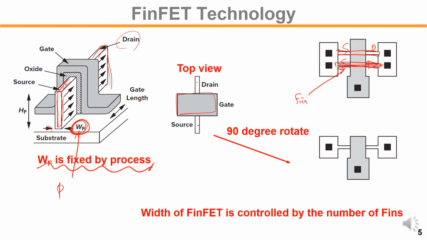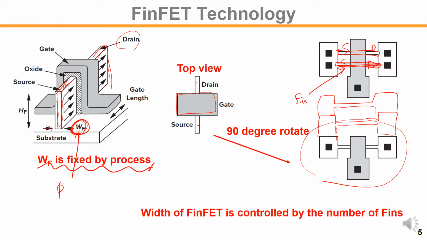If you rotate 90 degrees, it looks like this, and if you want to increase the size, we are adding more fins onto that, right? Like this, and even 3 fins, you are having more onto that, and then extend the gate like this. This is a gate, something like that. So the width of the FinFET technology is controlled by the number of fins that you are drawing, shown in here.